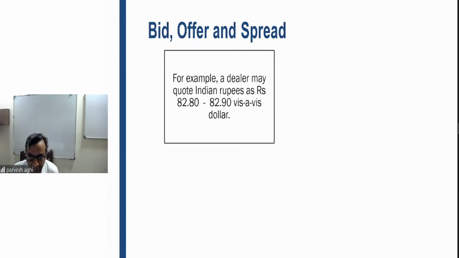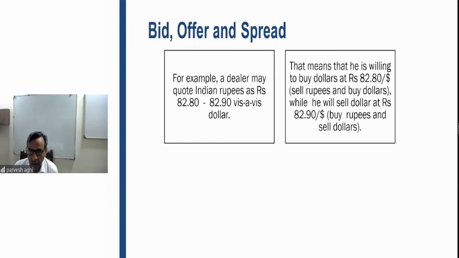If the dealer is going to sell to you, he is going to charge you 82.90. That means he is willing to buy dollars at 82.80, or from your perspective, you sell dollars and get rupees at 82.80.